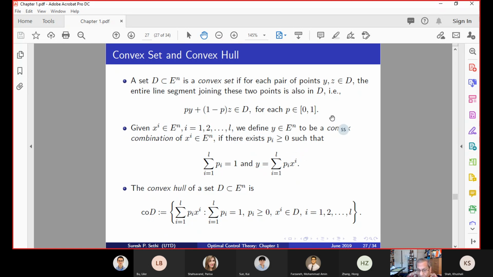So if I take 2 points, the convex hull of 2 points is just a line. If I take 3 points, the convex hull of 3 points is just a triangle. If I take 4 points like this, then it will be a quadrilateral.